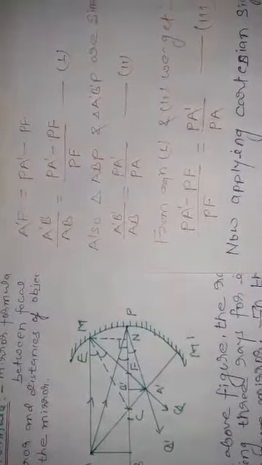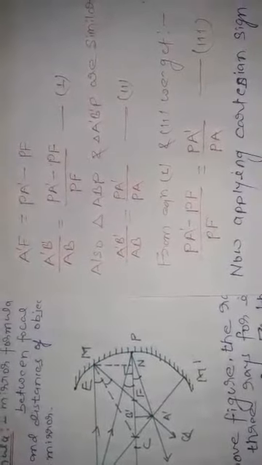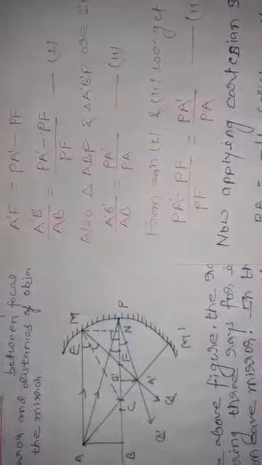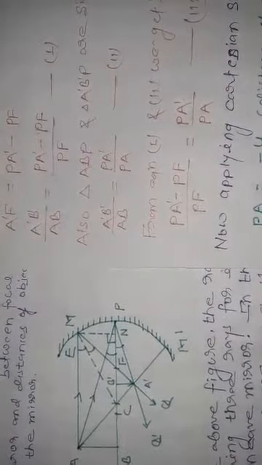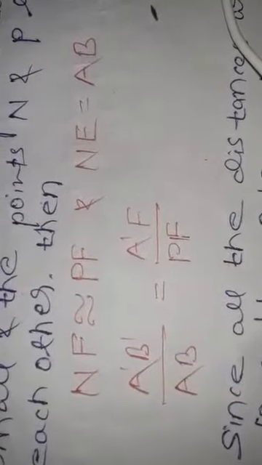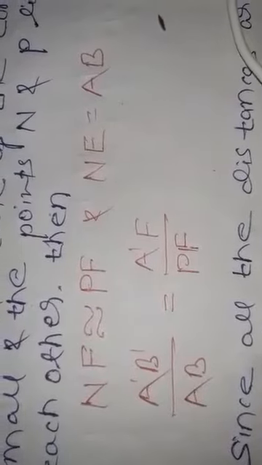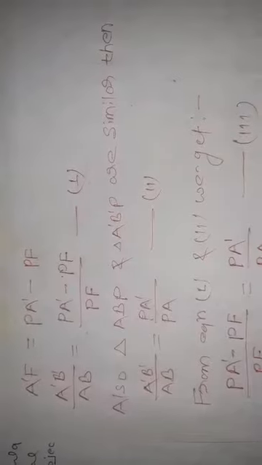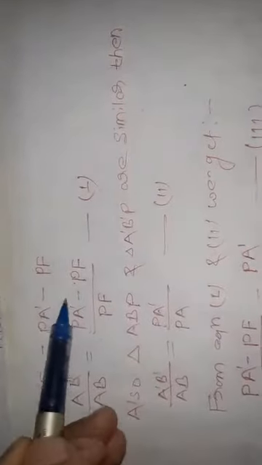Next, A dash B dash upon AB equals PA dash minus PF upon PF. Put the value of A dash F in the previous equation, which was your first equation, A dash B dash upon AB equals A dash F upon PF. So here we have equation number 1, A dash B dash upon AB equals PA dash minus PF upon PF.